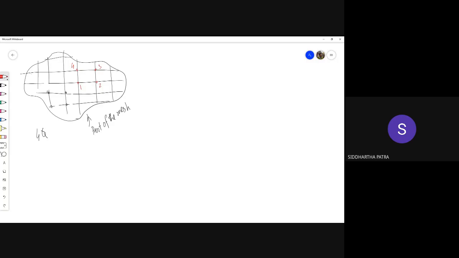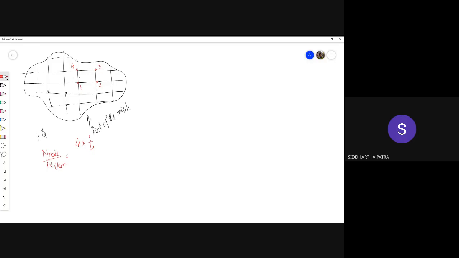How many elements share this node? 4 nodes, 4 elements. The same goes for all 4 nodes. So effectively the ratio of n node to n element is 4 times 1 by 4. Each node is shared between 4 elements.